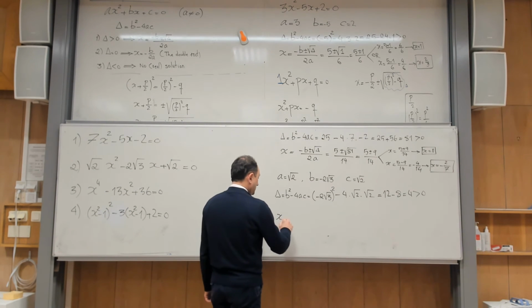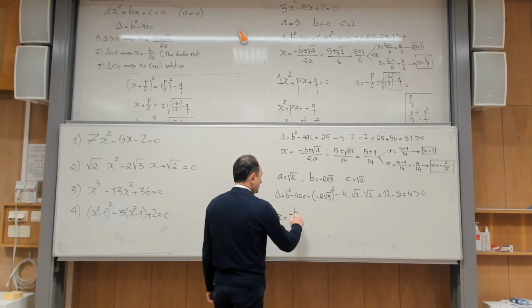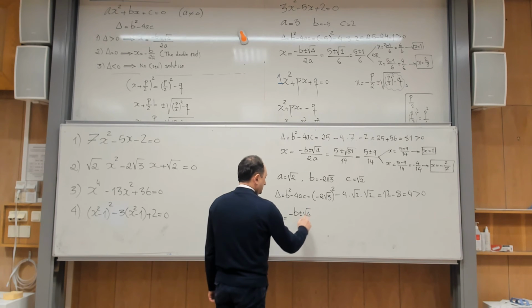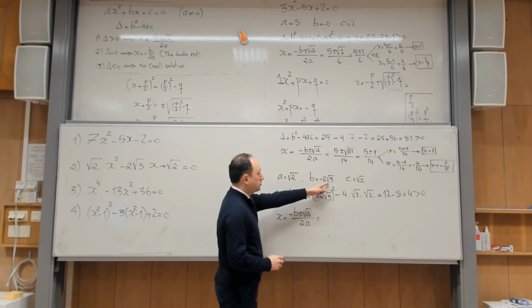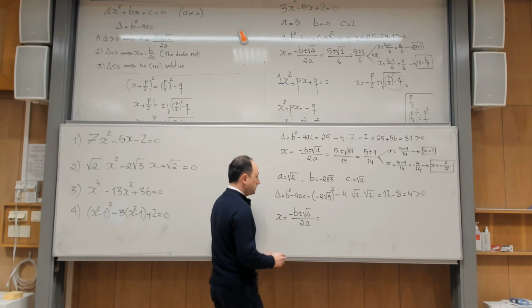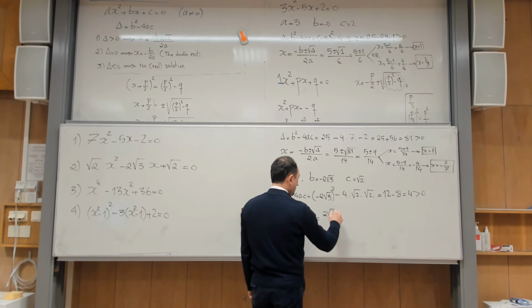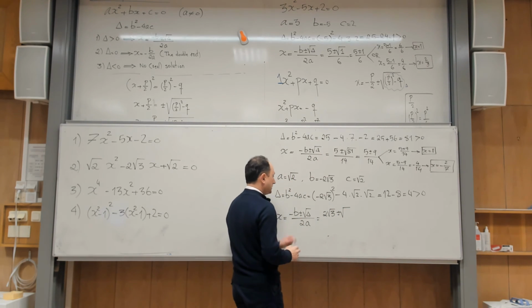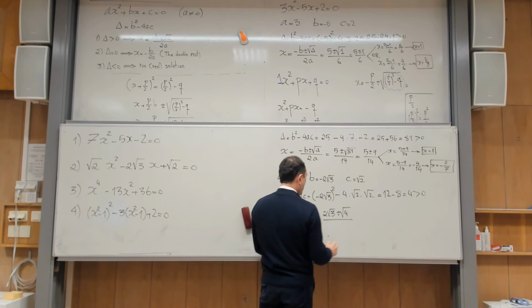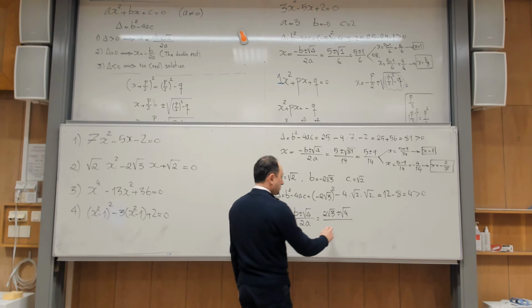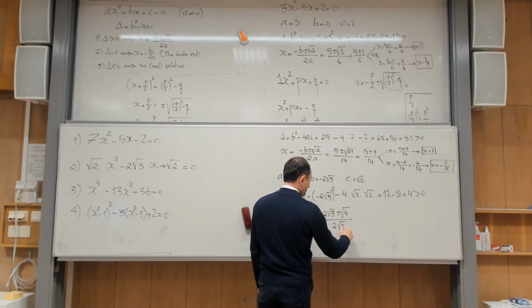One root, so let me write both of them. I write the formula. So b is negative 2 square root of 3. Negative b becomes positive 2 square root of 3. Plus or minus square root of delta. Delta is 4, square root of 4 is 2, divided by 2 times a, which is 2 square root of 2.